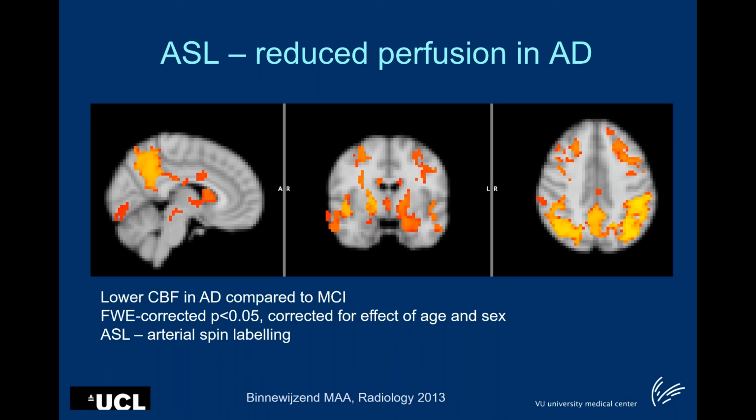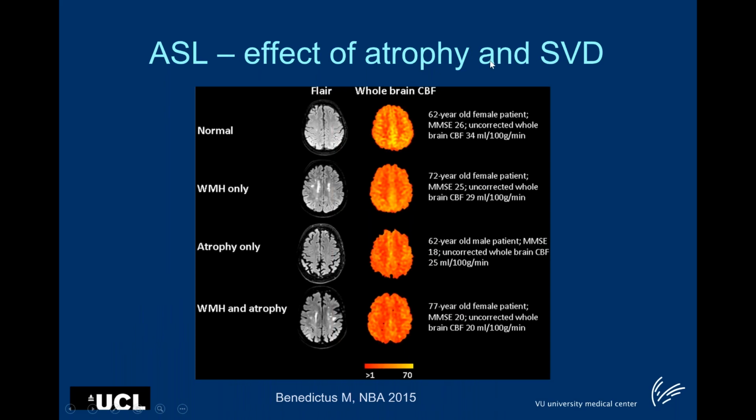And here's an ASL study where we looked at the effect of atrophy and small vessel disease. So this is a normal control. If you have white matter lesions only, so a bit of ischemic cerebrovascular disease, you get a slight reduction in overall perfusion. But if you have atrophy, you get a stronger reduction.